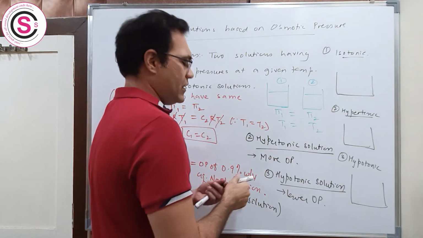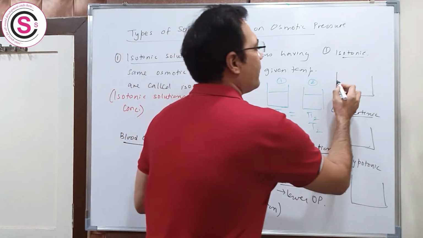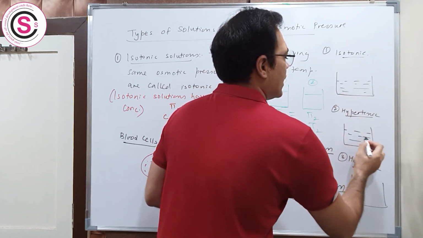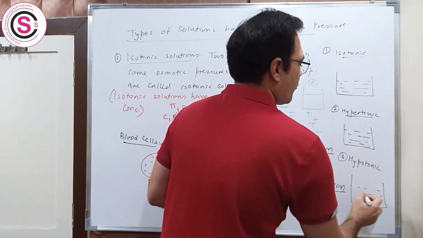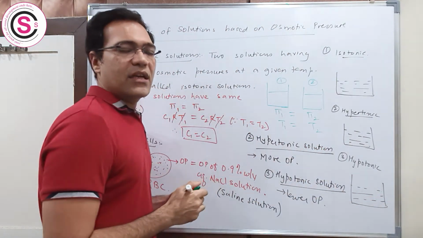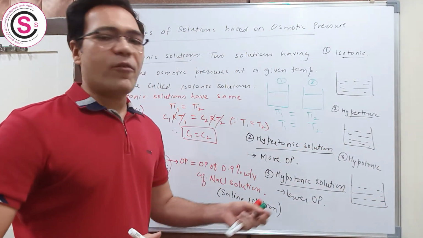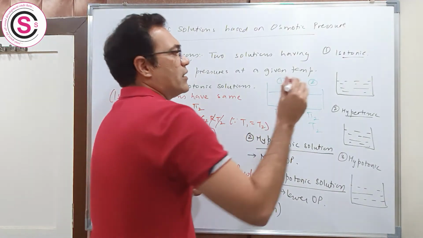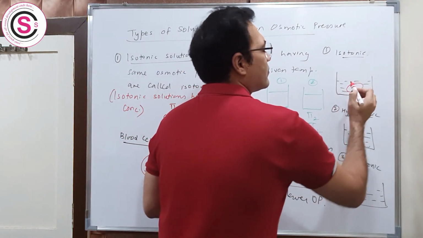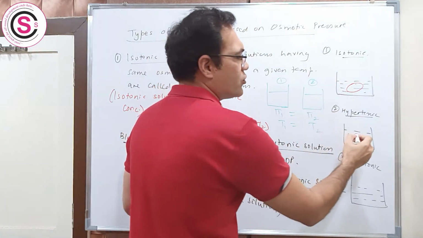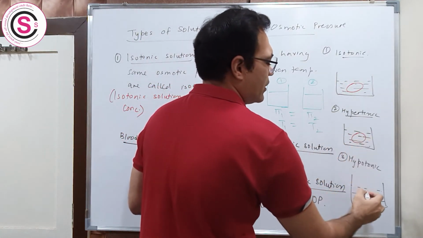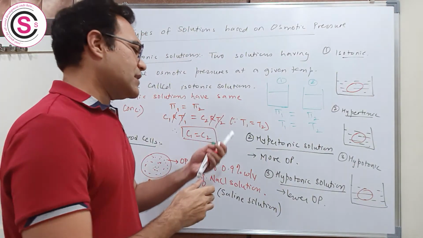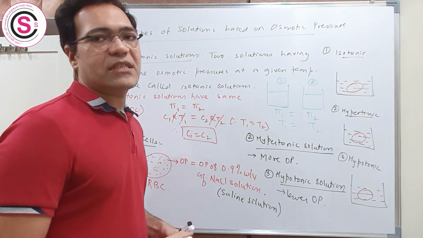Now what I do is, in the first solution, that is the isotonic solution, I will place a drop of blood. In hypotonic also I will place a drop of blood, and in hypertonic also I will place a drop of blood. So see, this is my blood cell in isotonic solution, this is my blood cell in hypertonic solution, and this is the blood cell in hypotonic solution.